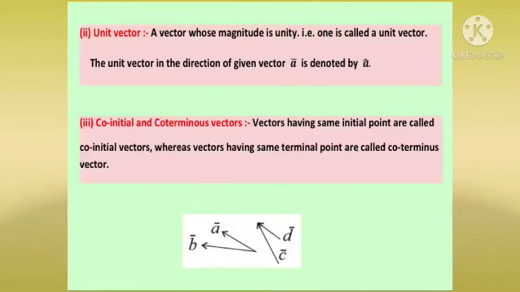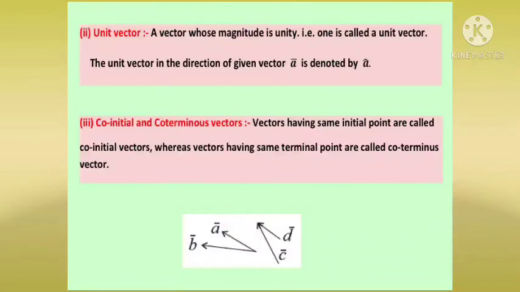Now the third type: there are two kinds, co-initial and co-terminus vectors. Let us first talk about co-initial vectors. The name itself indicates it. You all know the initial point of a vector. If the starting point of two, three, or more vectors is the same, then those vectors are called co-initial vectors.